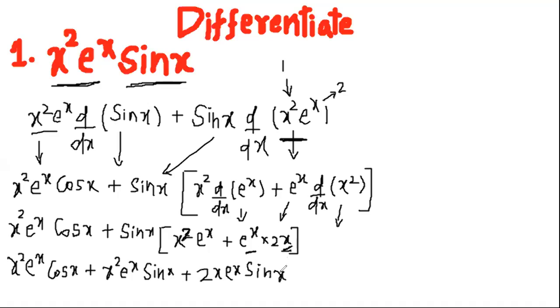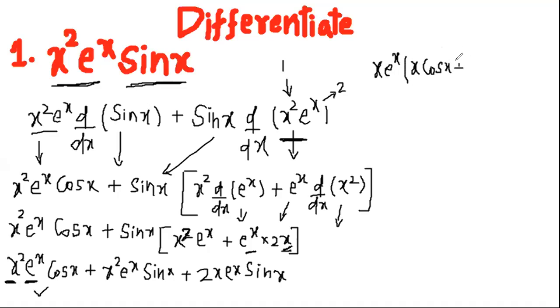X is common in every term, e to the power x is common in every term. So you can take x e to the power x as a common. So in this term, x cos x will remain. So you can write x cos x.